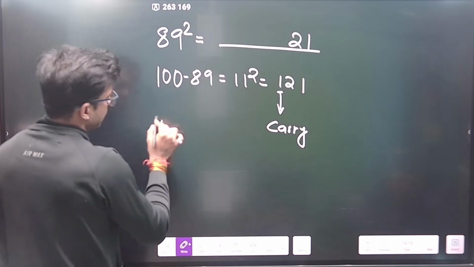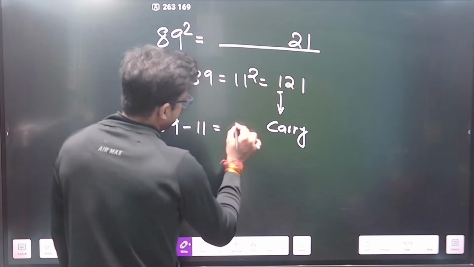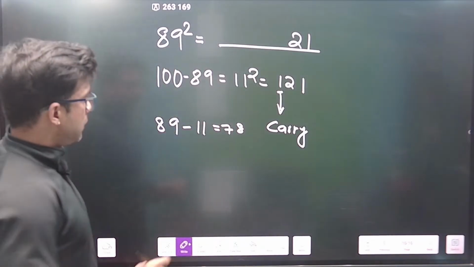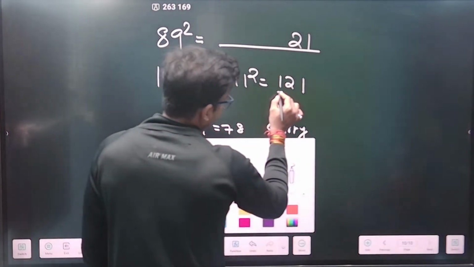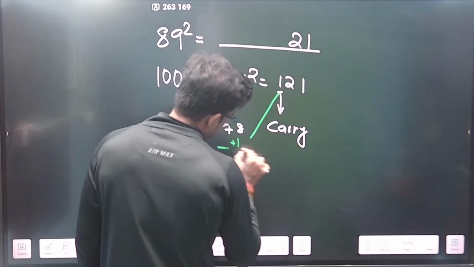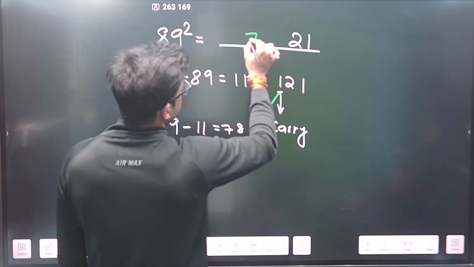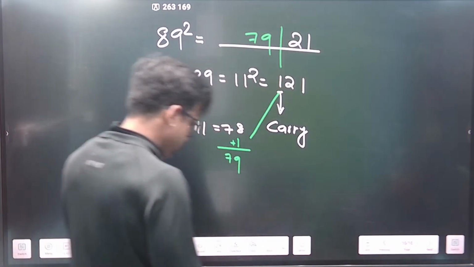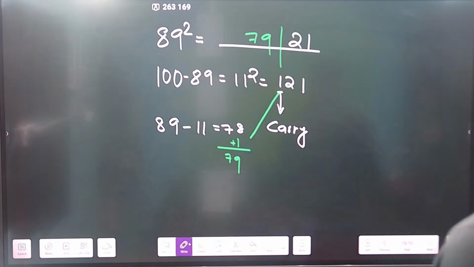Now 89 minus 11 is 78, and 78 plus this carry makes it 79. Write down 79 over here. Understood?